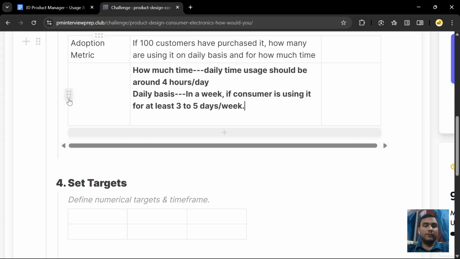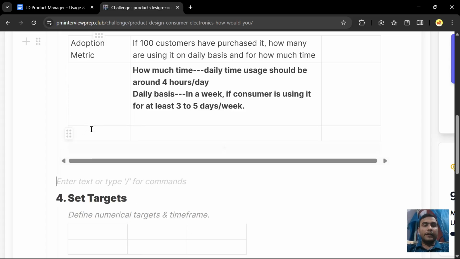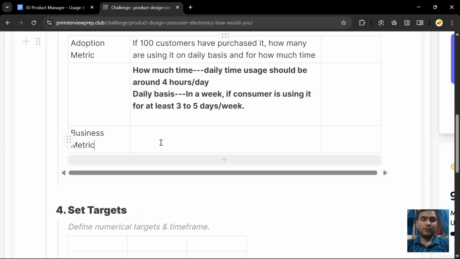And if I can add a business metric, since we have taken the business goal to be revenue, we can take something related to revenue. But this is something we can control, which revolves around the product itself. The changes we make in the product have to reflect in the business goal, so that is how it goes from business to product.